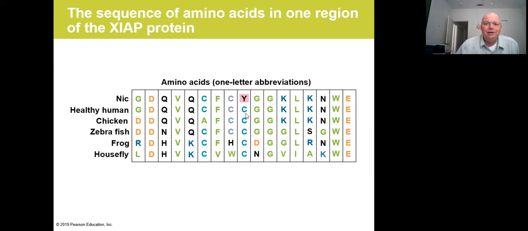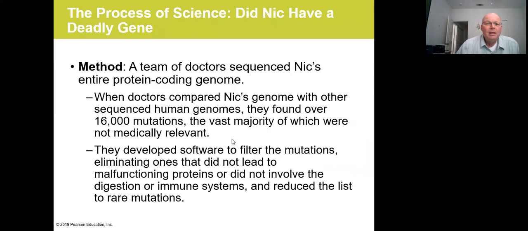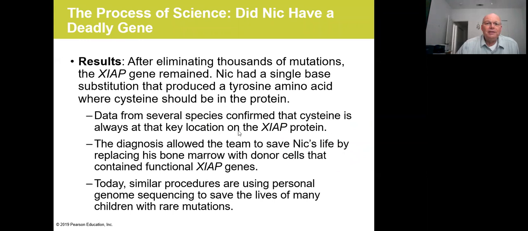Once that was recognized, and they realized that this was the situation, then they could go ahead and identify which of the genes was actually responsible. And it's this gene called the XIAP gene. And he has a single nucleotide mutation in that XIAP gene that gives rise to that single amino acid change.